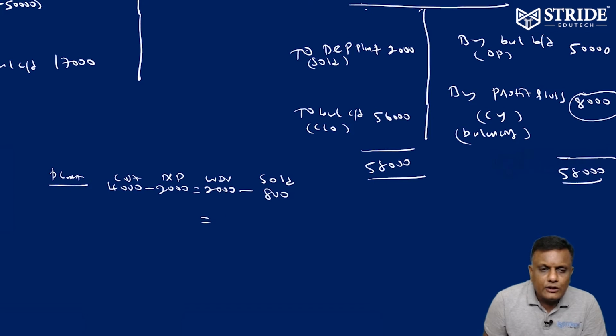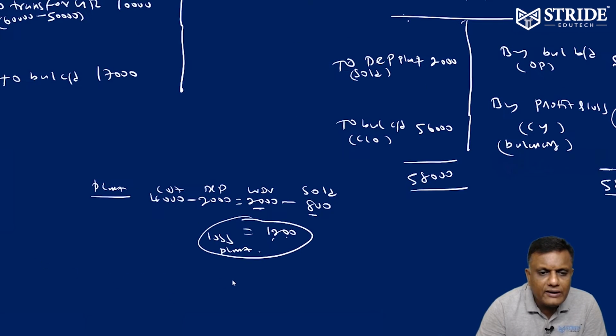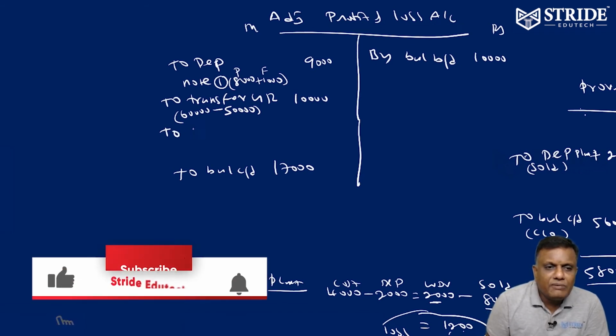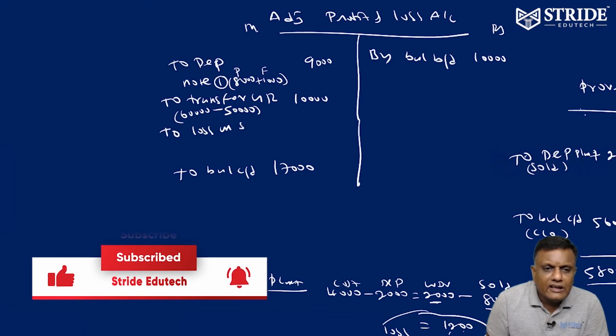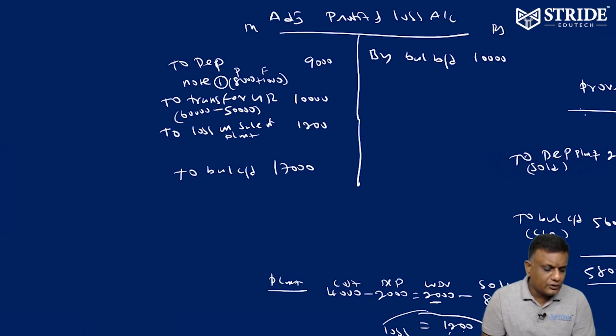So 2,000 sold for 800, balance 1,200. This 1,200, the plant of 2,000 sold for 800, therefore 1,200 loss. So loss on sale of plant is equivalent to 1,200. Loss on sale of plant 1,200, right.